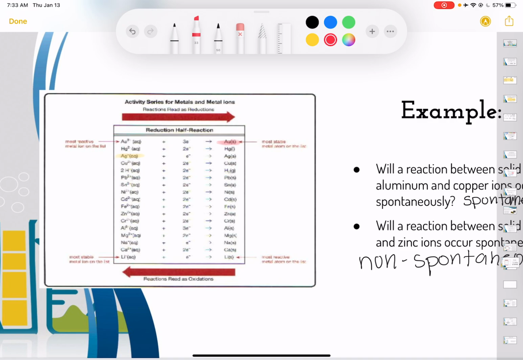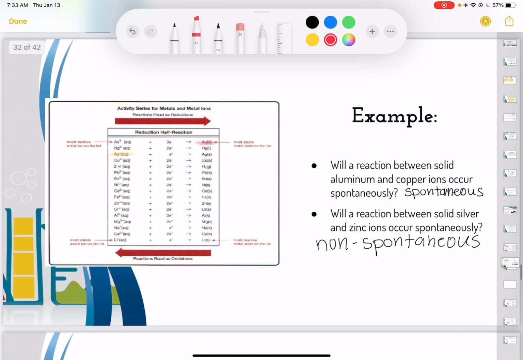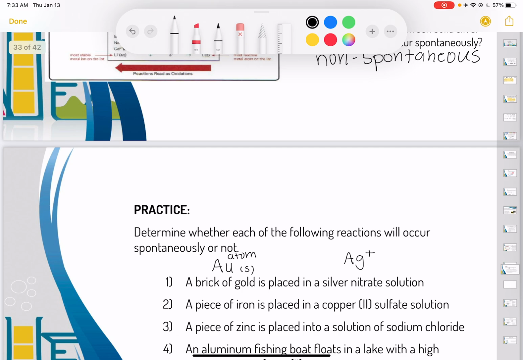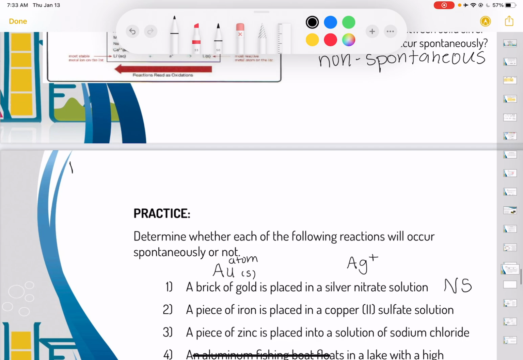In order for something to be spontaneous, we need the ion to be higher than the solid. So in this case, that would be non-spontaneous. So I'm just going to write NS. All right? So non-spontaneous and spontaneous.